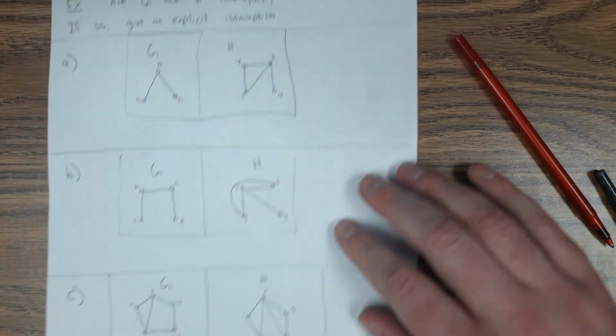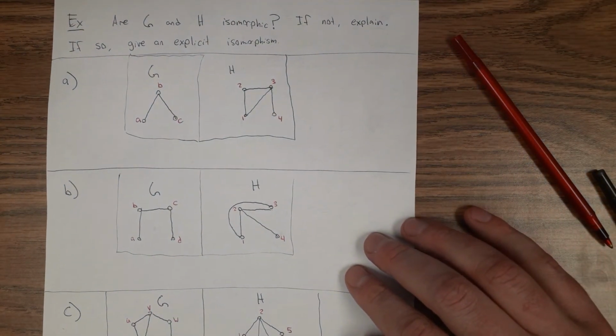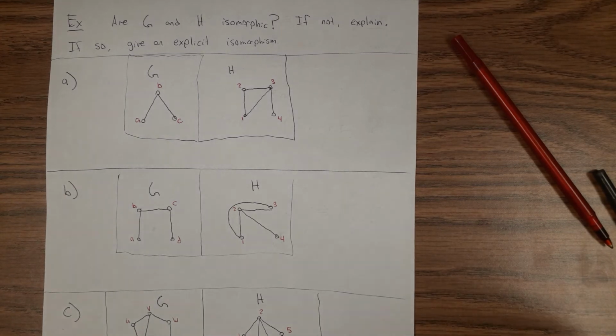So let me do a couple of examples that just say are G and H isomorphic. If they're not, then we should explain why they can't be, that there can't be any isomorphism.